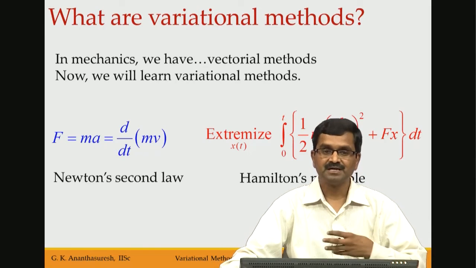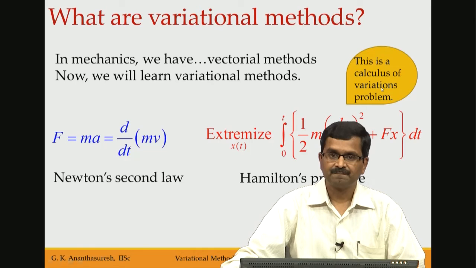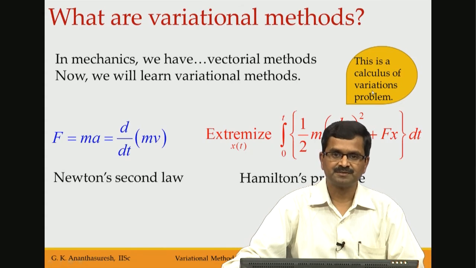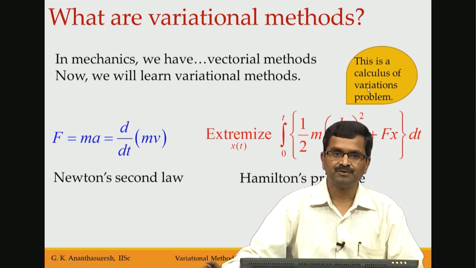There is a purpose, there is an objective and hence this also is an optimization problem, but this has a different name. This is called a calculus of variations problem. Okay. Calculus of variations: everybody knows ordinary calculus of functions. Here we have calculus of variations. That variation is what we need to understand.